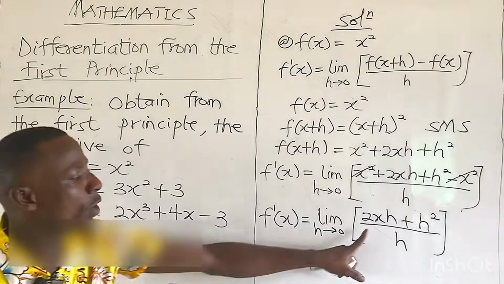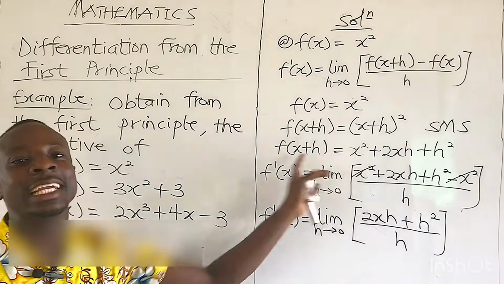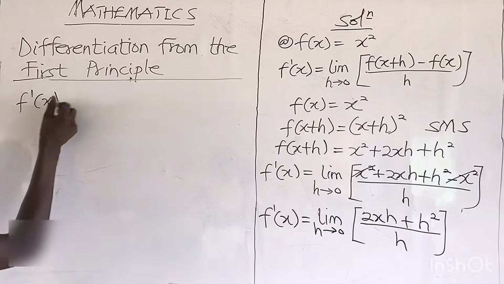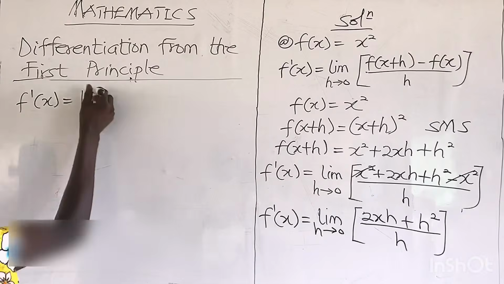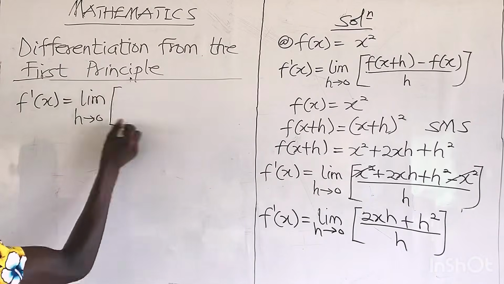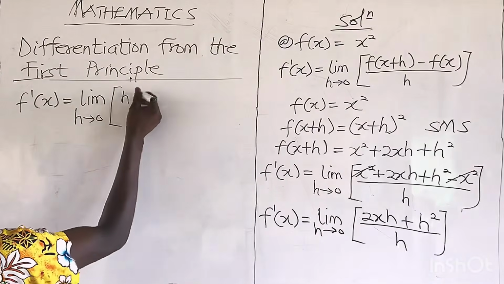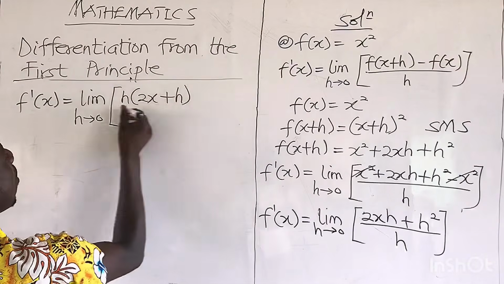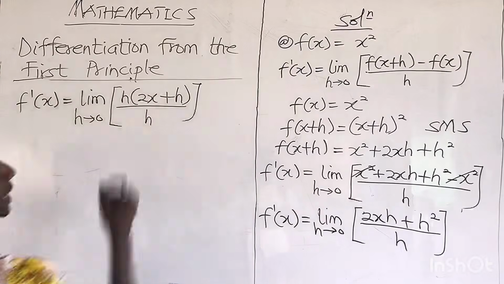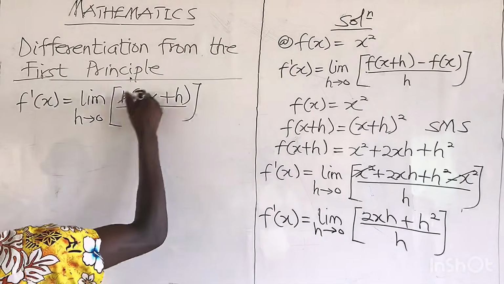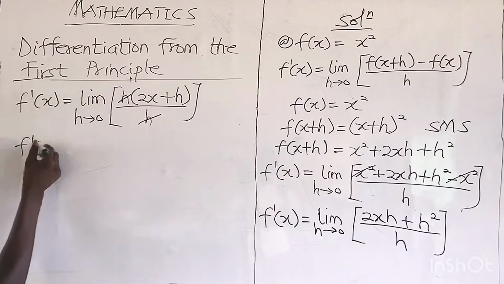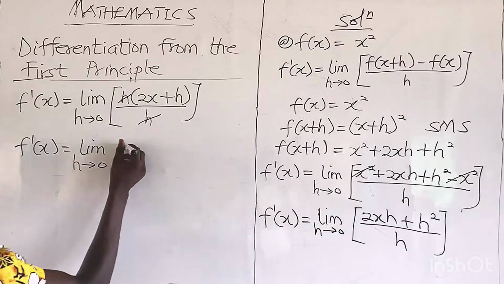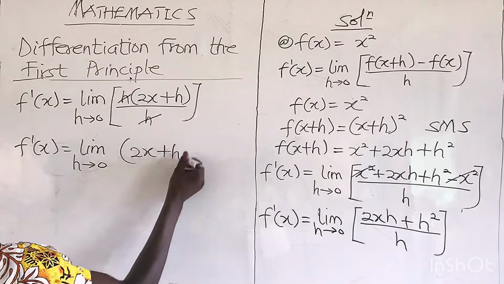All right. Now, when we get here, we are going to factor h out. So we have f prime of x is equal to the limit as h approaches 0. Then when I factor h out, I have h into brackets 2x plus h all over the denominator h. This h will cancel the h. Then it will be left with the limit as h approaches 0, then 2x plus h.